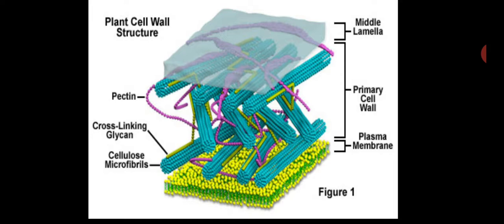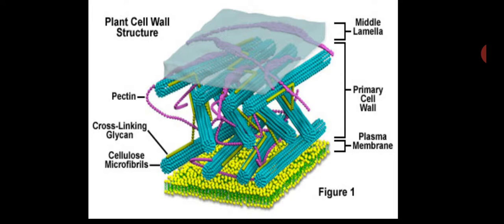These vesicles are released by exocytosis out of the plasma membrane and form the cell wall on either side of the middle lamella.